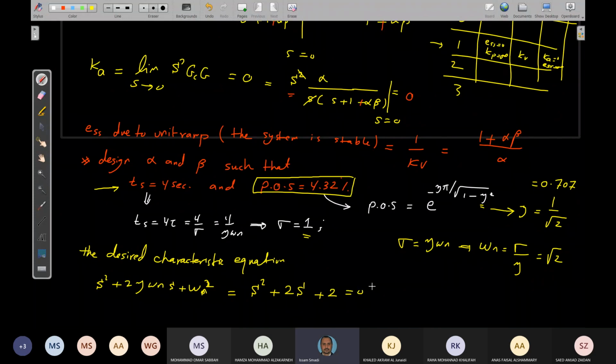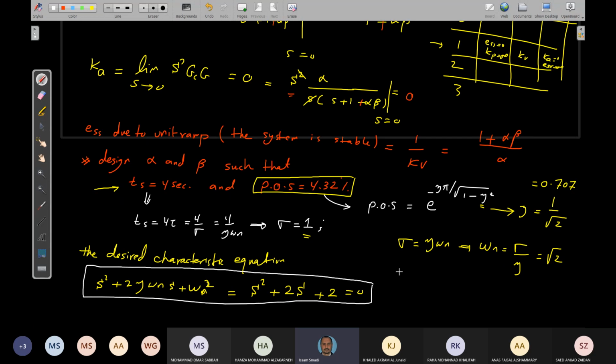So now, what we have here is something we call the desired characteristic equation, which means that in the end of the day, I need my closed loop system to behave in a certain manner similar to this characteristic equation, or let's say the response of the closed loop system, I need it to be characterized by this given or desired characteristic equation.